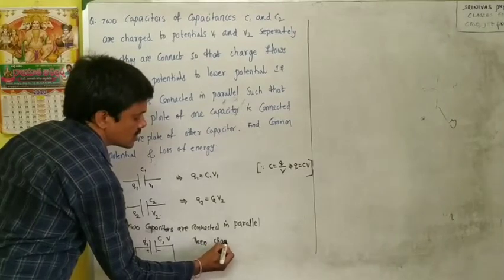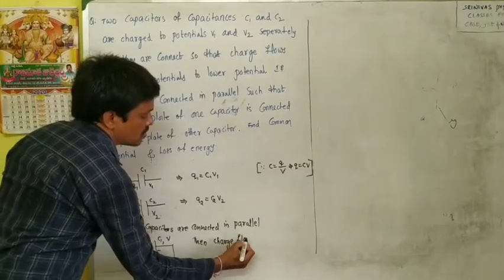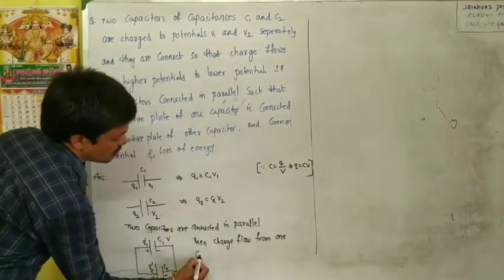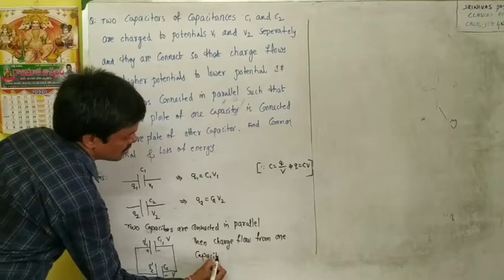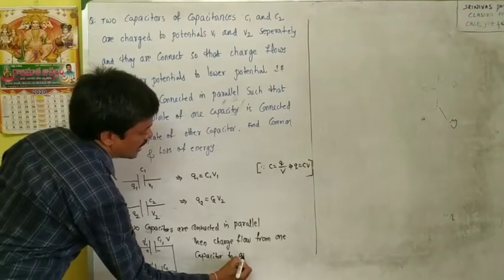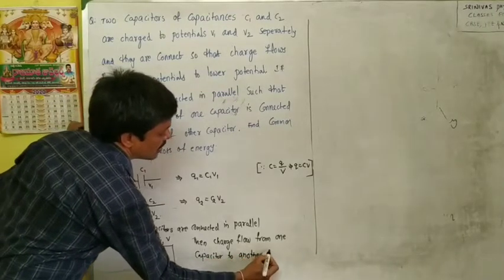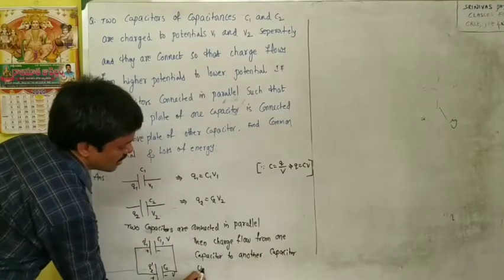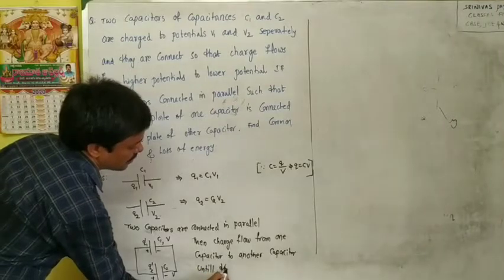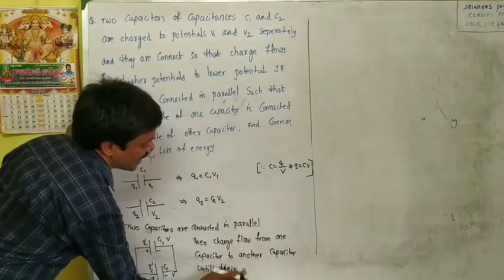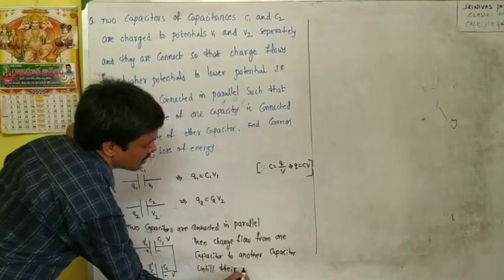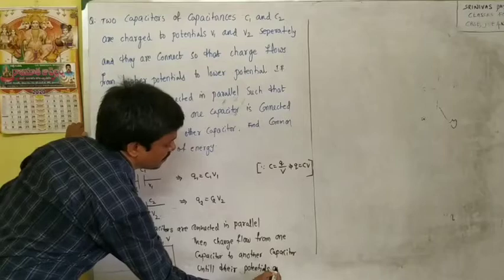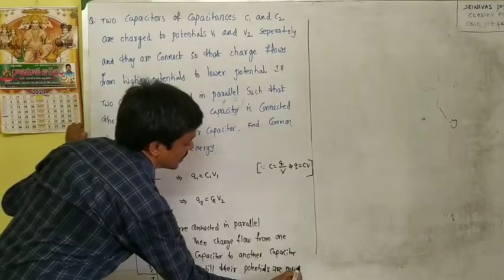Charge flows from one capacitor to another capacitor until their potentials are equal, until they acquire the common potential, right?